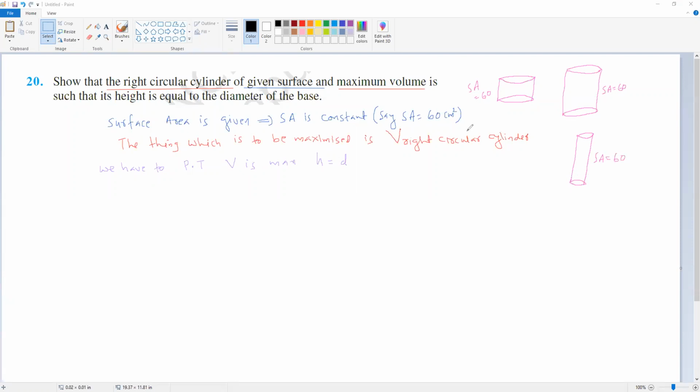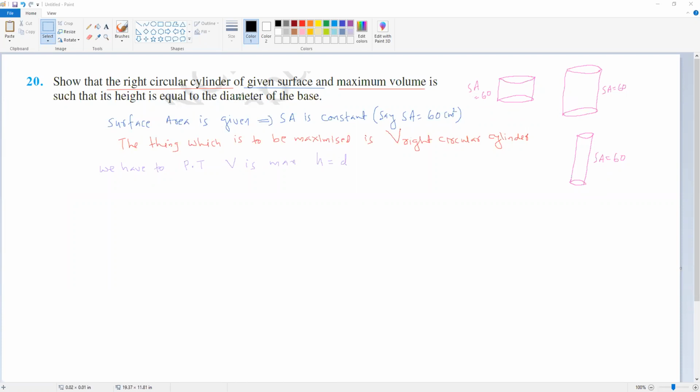So like that we can have different cylinders. Height and radius will change. So we can have different cylinders with the same surface area.